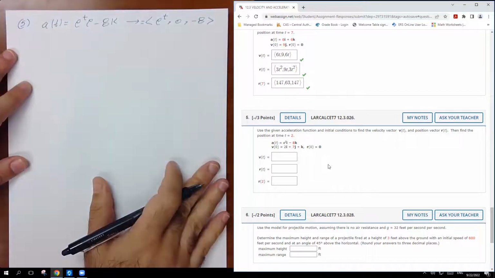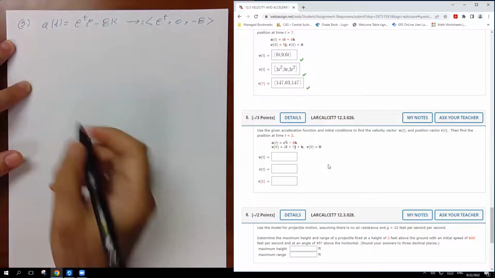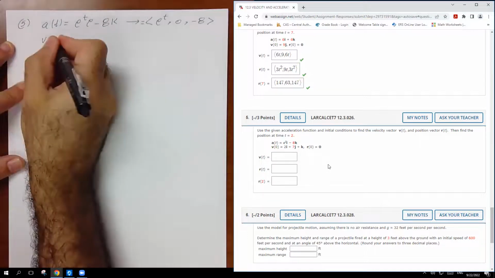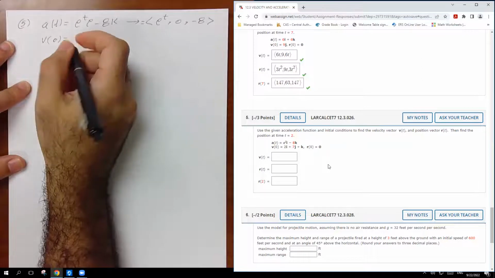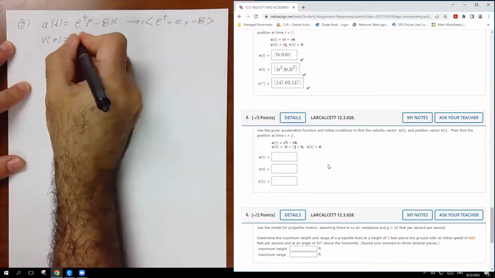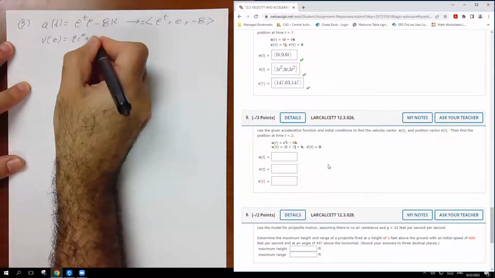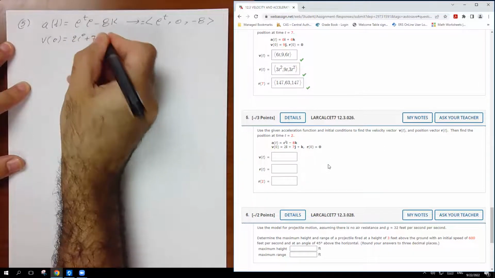Now let's write down the initial velocity v of 0 as a vector: 2i plus 7j plus k.